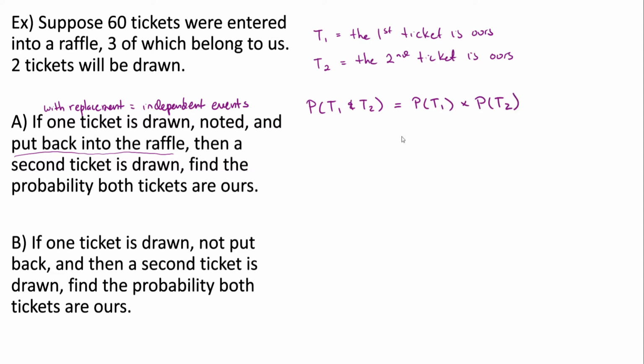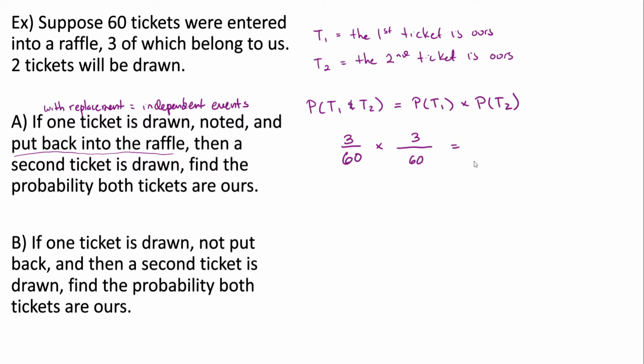The probability that the first ticket is ours is going to be 3 out of 60, because we have 60 tickets in the raffle and 3 of them are ours. The probability that the second ticket will also be ours is again going to be 3 out of 60. This is because after we took the first ticket out, it was placed back in, so there's still 3 of our tickets in the raffle, and there's still 60 tickets total because we didn't permanently remove any.